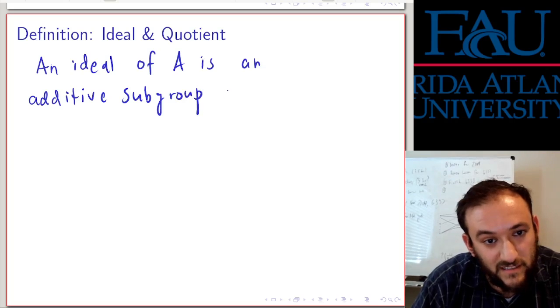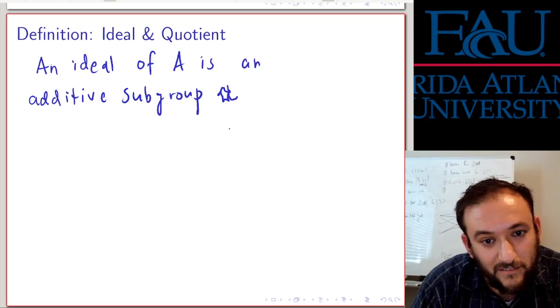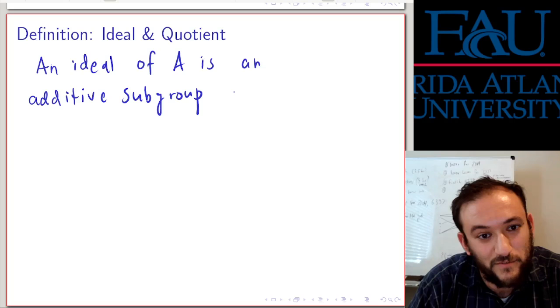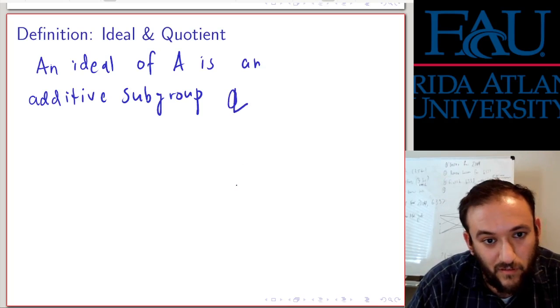Okay, now here's my attempt at fraktur. Oh, yikes. That's bad news. Let me try one more time. Okay, that'll be my A.